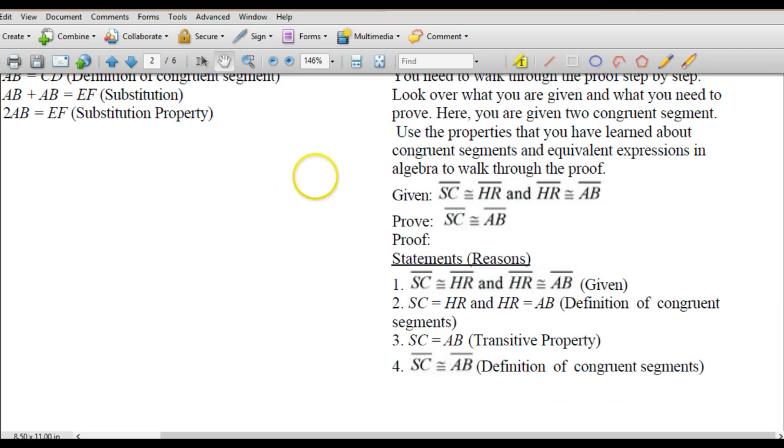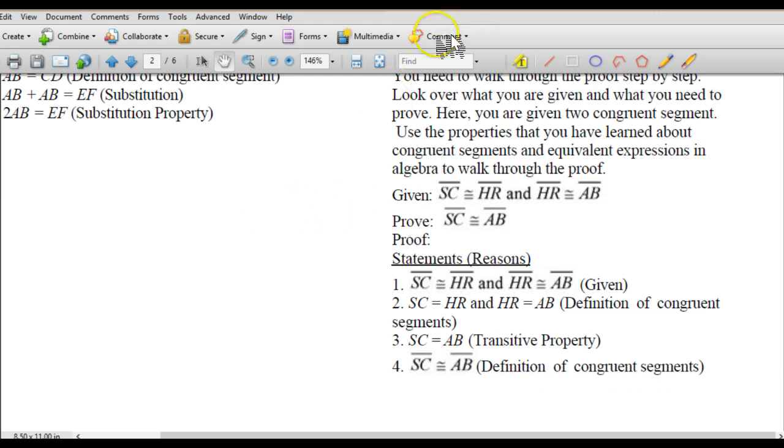Since we have a congruent statement, by the definition of congruent segments, we can say that the segments are equal in length. So that would be the next thing to state here, that SC is equal to HR, since they are congruent, and HR is equal to AB, since they are congruent.